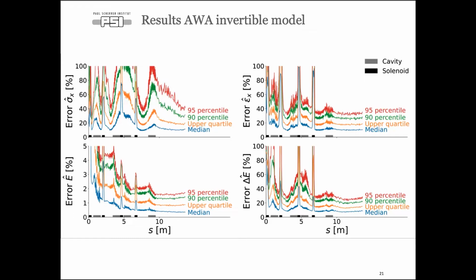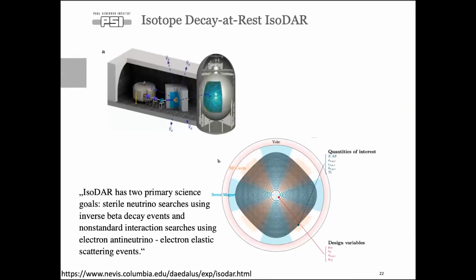Okay, so that was the first accelerator I wanted to show you, and the second one is the cyclotron, which is used for the isotope decay-at-rest experiment, a proposed very high intensity electron antineutrino source, in short called the IsoDAR machine.